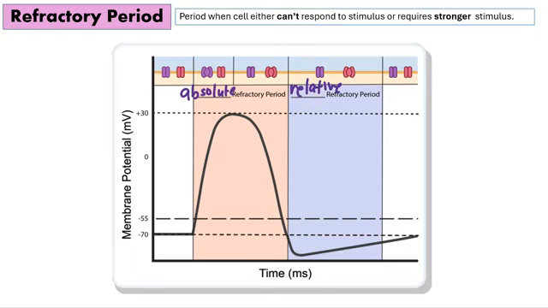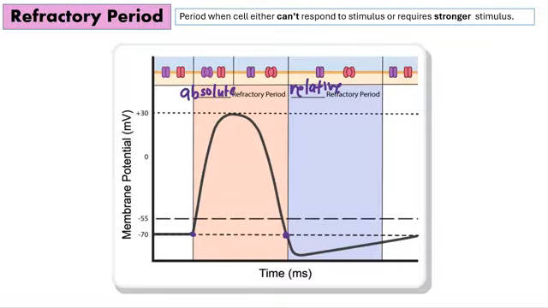Okay, so just keep those little details in mind. Now, what is the absolute refractory period? We know it's going to start when the voltage-gated sodium channels are open. Okay, and we also know that it is going to end when the sodium voltage-gated channels are inactivated or returning to a resting state. So that's why you have the boundaries here for those two.